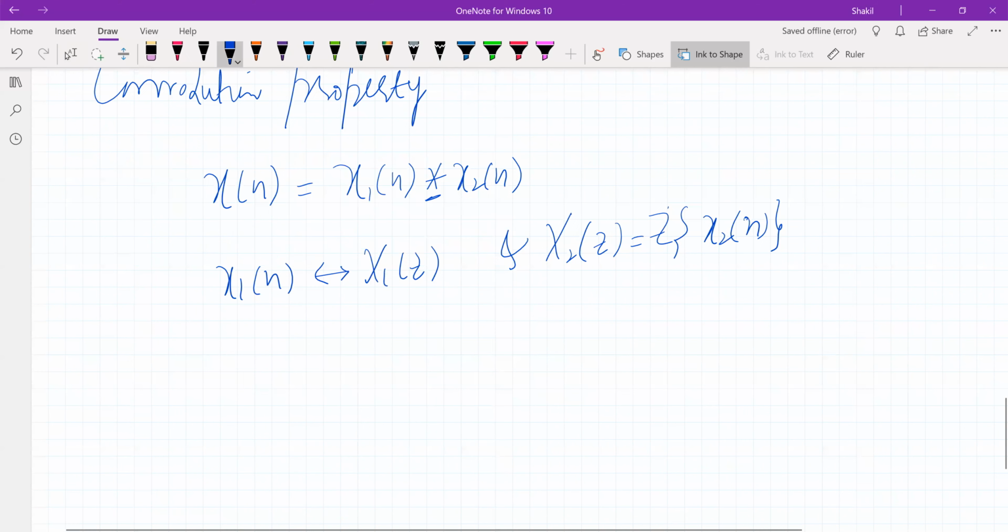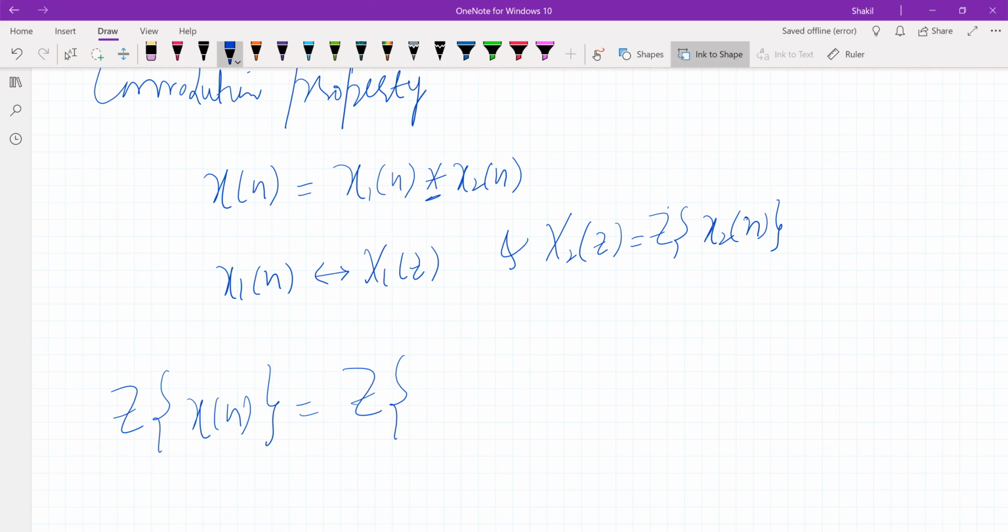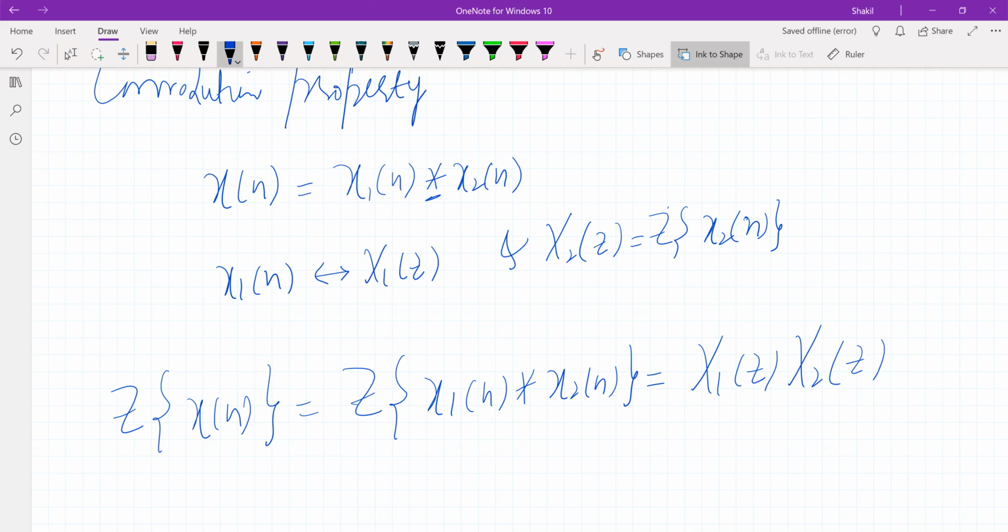Then the z transform convolution property says that the z transform of x of n, which is defined as the convolution between x1 of n and x2 of n, will be simply the product of these z transforms. This is the beauty of transform theory actually. It converts the convolution operation to a multiplication operation.